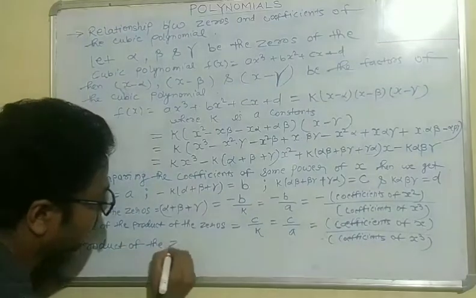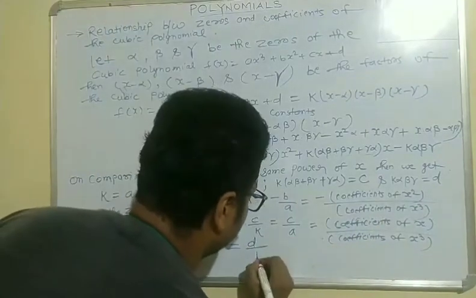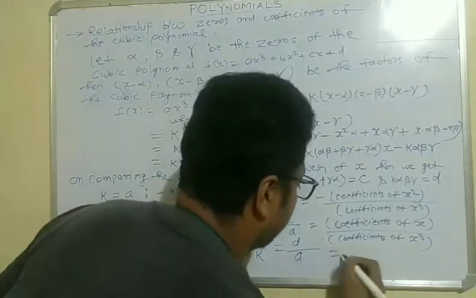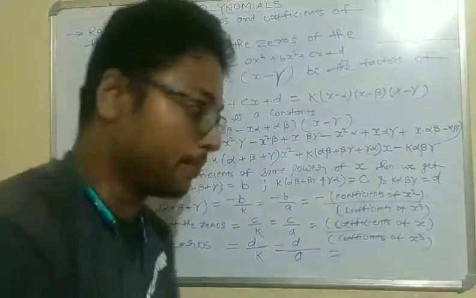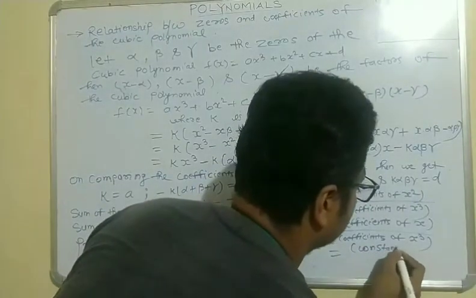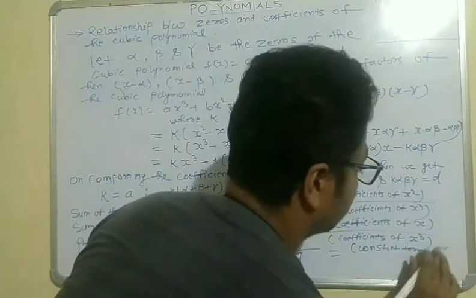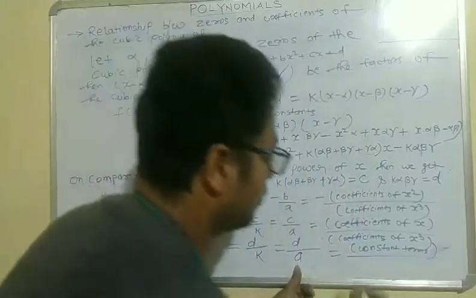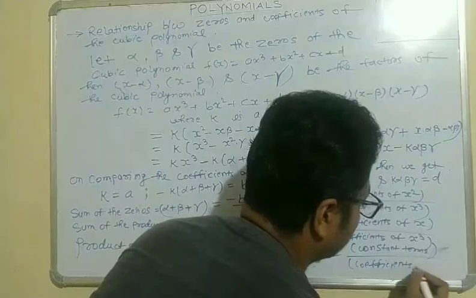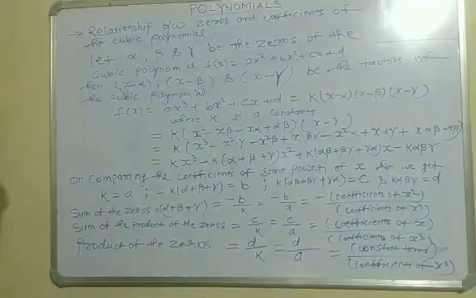And the last is product of the zeros, equal to minus d upon k. It can also be written as minus d upon a. It means d is the constant term of the cubic polynomial, so it is minus constant term upon coefficient of x cube.